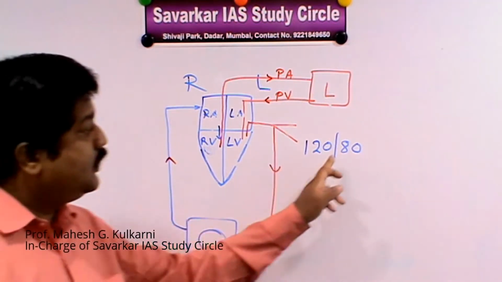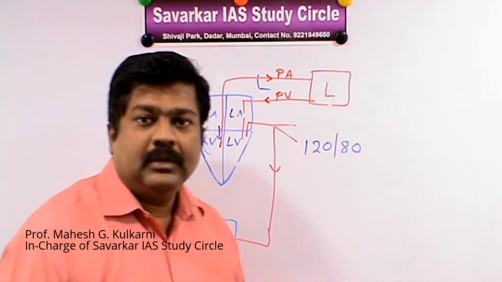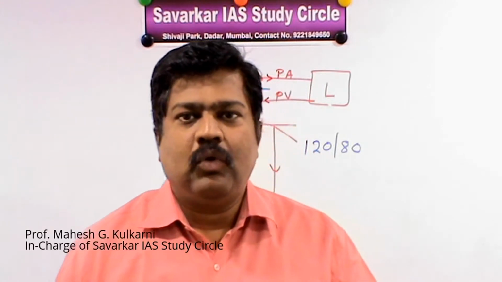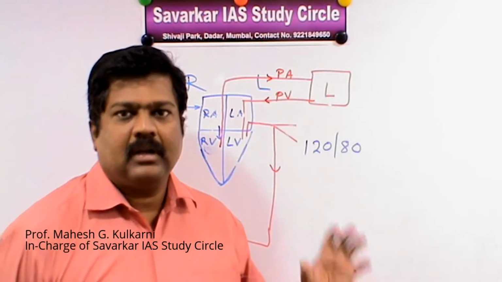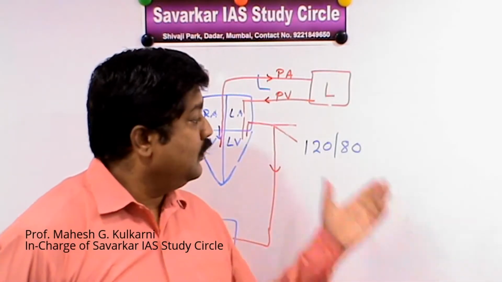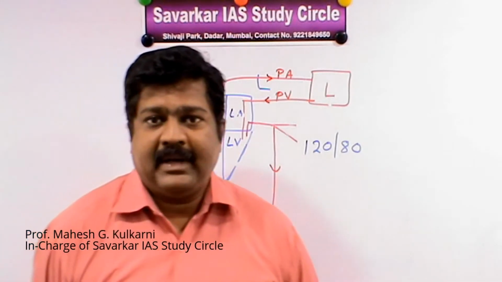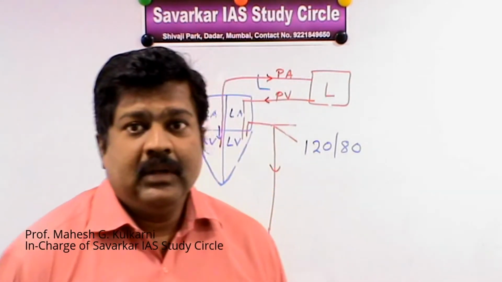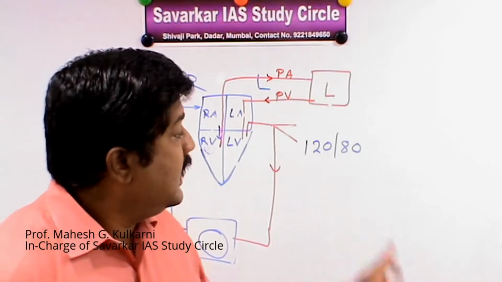The difference should be 40. But this is for adult male. For adult female, 10% less blood pressure is observed. So usually we can go 10% less for adult female, but for adult male it must be around 120/80.